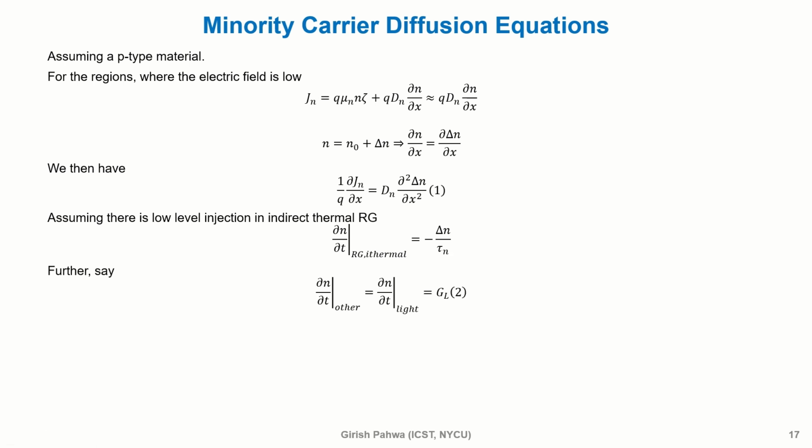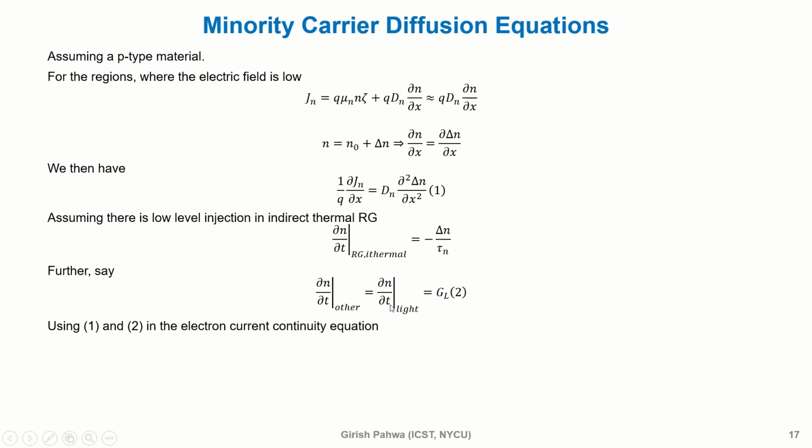If we assume there is some light also, we can simply call that G_L. If I'm shining some light, there can be some generation and recombination of electrons. If that is present, you can add that term, otherwise you can leave it.